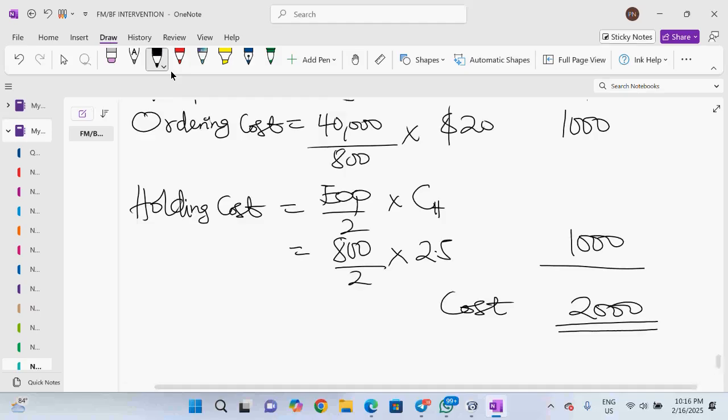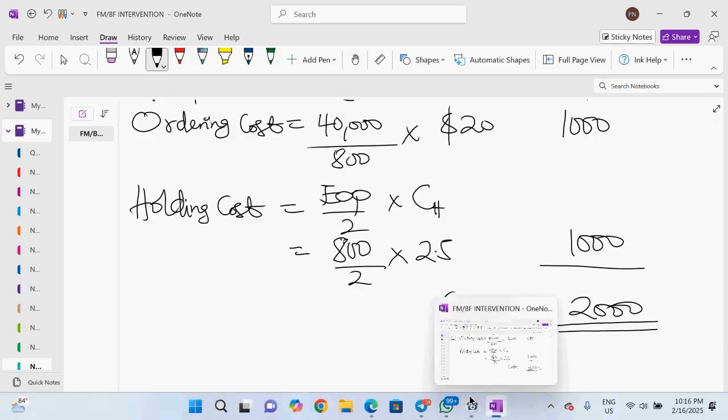The EOQ basically gives us the least cost. So I believe the explanation of the EOQ makes sense, right? This is to prove that yes, EOQ gives us the least cost. So that is basically what this question is talking about.